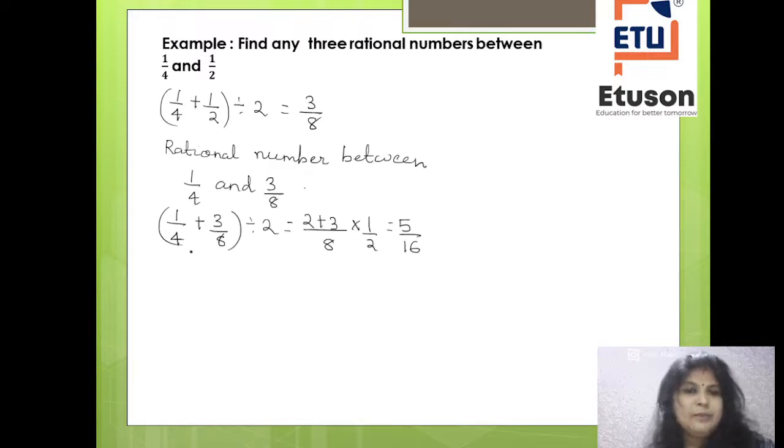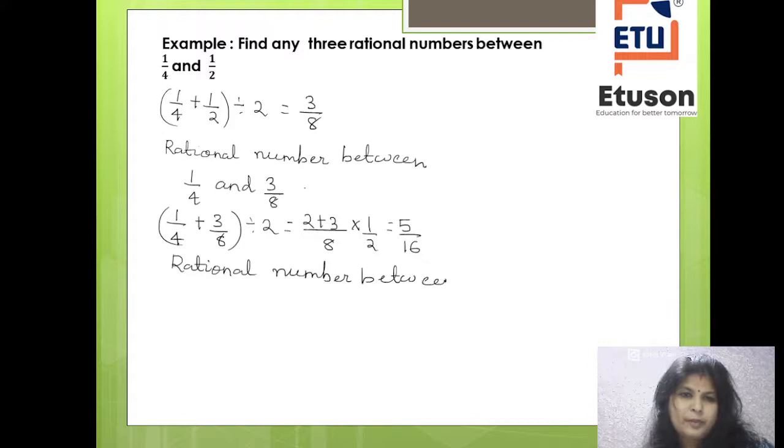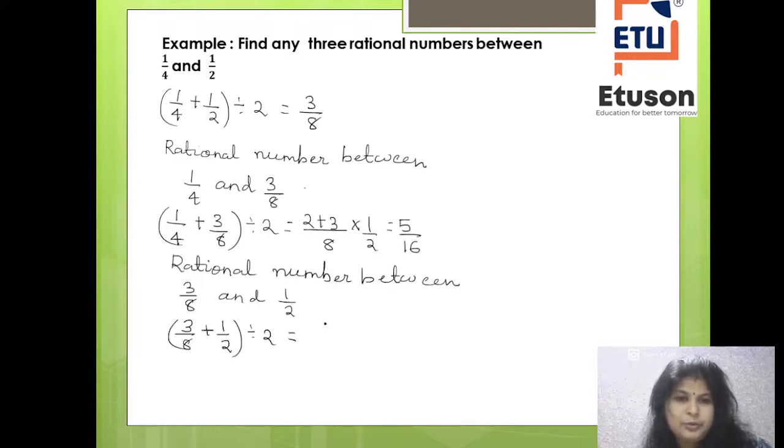Now suppose I try to find the rational number between 3/8 and 1/2. So the other side, okay, 3/8 and 1/2. How am I going to find it? Again the same process, you just add both numbers and divide by 2. So what will be the answer?